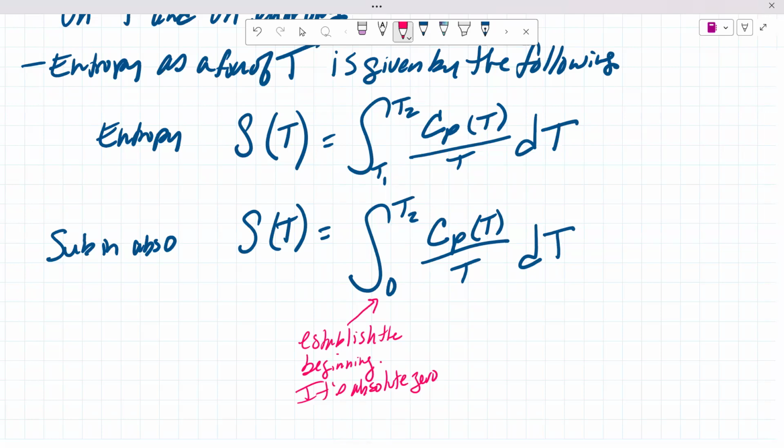So what we did here is we set the entropy scale, so it's now an absolute scale. The entropy S is measured relative to entropy at absolute zero. So entropy and temperature are quite integrally linked.